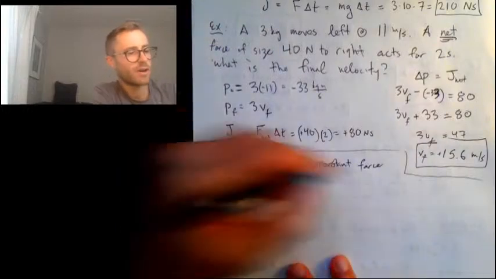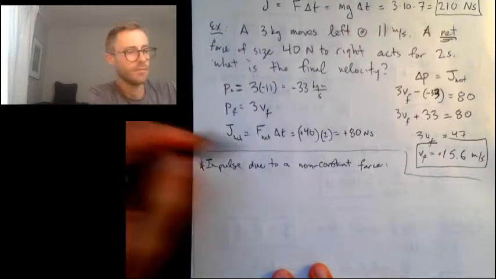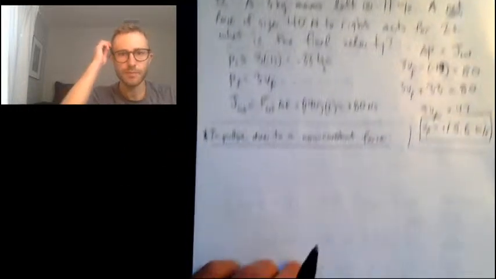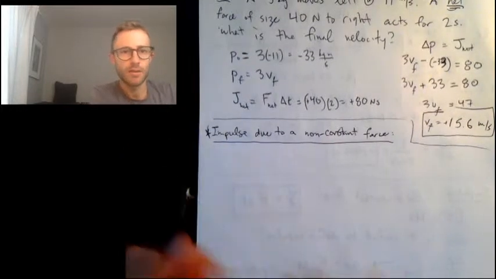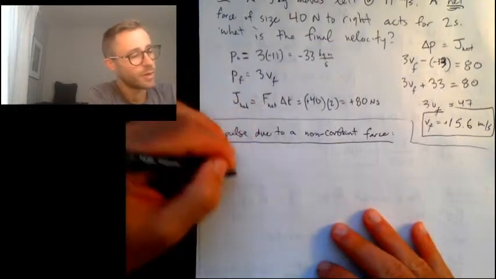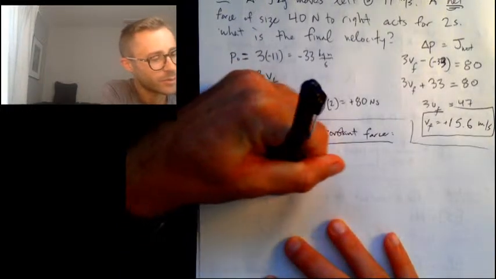So what if we have a non-constant force? If you have a non-constant force, then I have to tell you how the force is not constant. So maybe I give you a graph of force versus time.